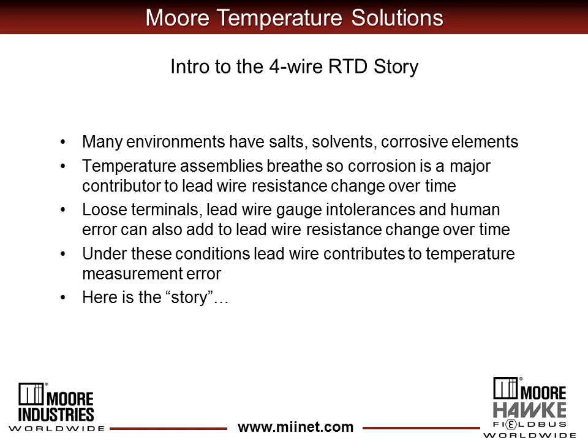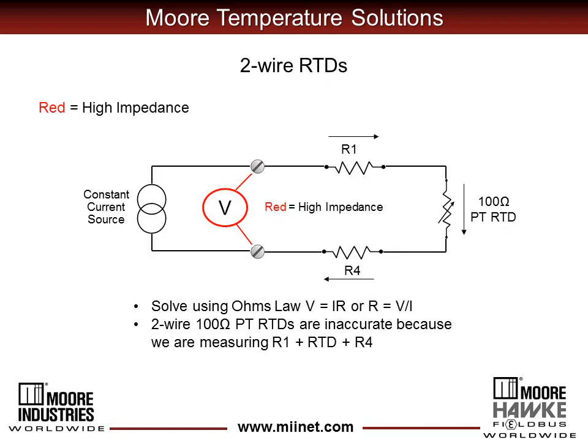To eliminate lead wire error, the solution is to use 4-wire RTDs, and here's the story. In the microprocessor-based world, we measure RTDs by exciting them with a constant current source. Then we measure the voltage drop across the RTD.